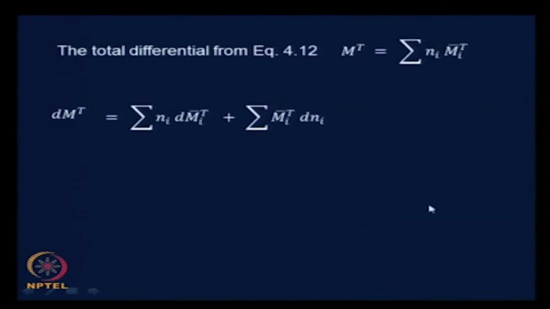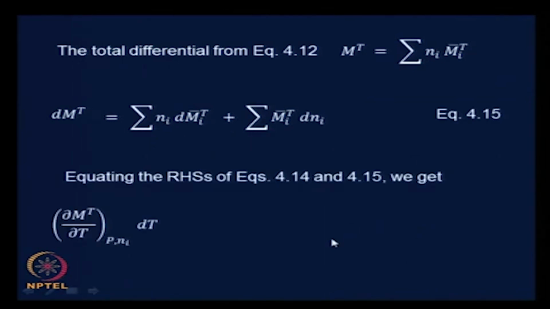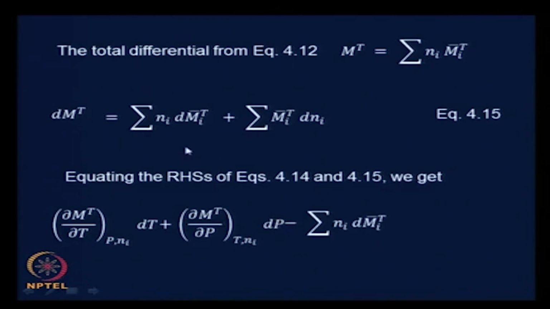If you do this, you can see that one of these terms is going to cancel out. Then you should have gotten (∂Mt/∂T) at constant P, Ni dT, this is the same term as earlier, plus (∂Mt/∂P) at constant T, Ni dP, again the same term as earlier, and what does not cancel gets transposed to give you minus summation of Ni dMi.